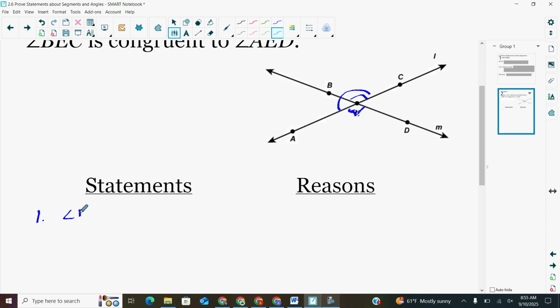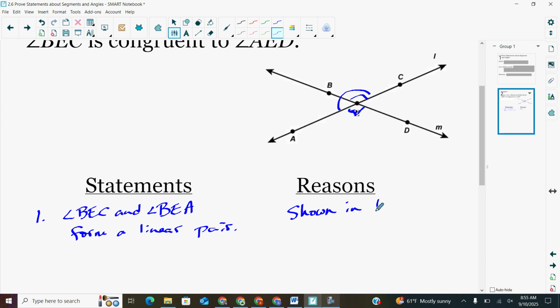Angle BEC and angle BEA form a linear pair. For reasons, a lot of times when I say given, that it's given as a statement, I'm going to state my reason as shown in the diagram. We can see in the diagram that that's true.